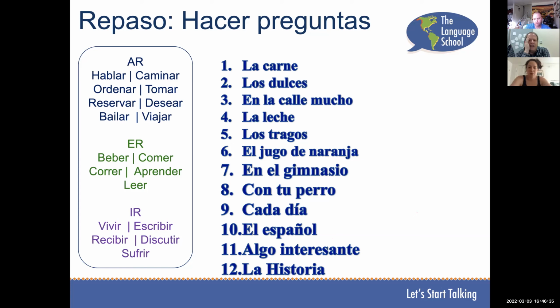¿Qué significa algo? Algo significa something. ¿Tú recibes algo interesante? So, do you receive something interesting? Yeah, that's not a great question. I think it's a great question. Do you receive or do you get something interesting?